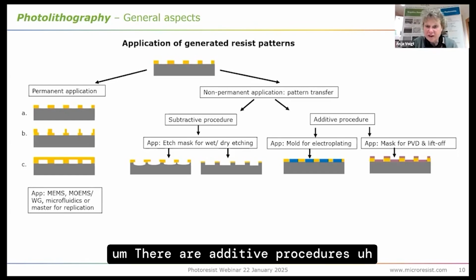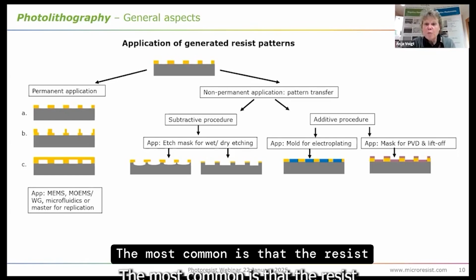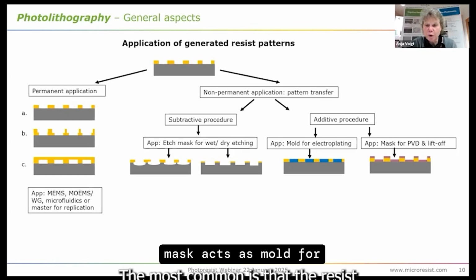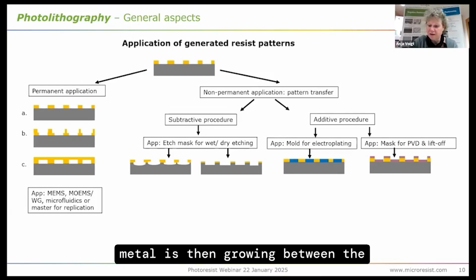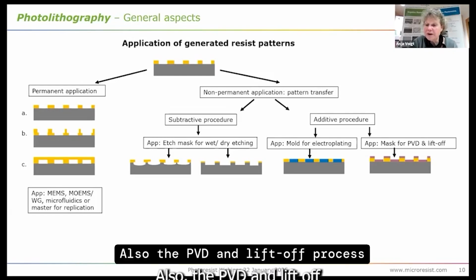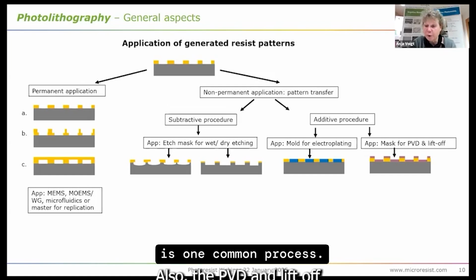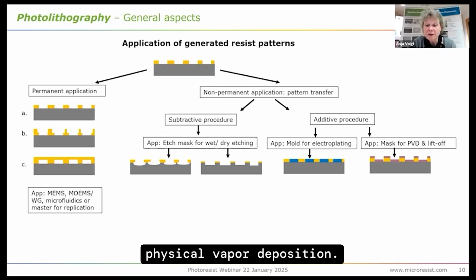There are also additive procedures in use. The most common is that the resist must act as a mold for electroplating. So you put the resist pattern into an electroplating bath, and some metal then grows between the resist mask. Also, the PVD and lift-off process is one common process. PVD means physical vapor deposition.